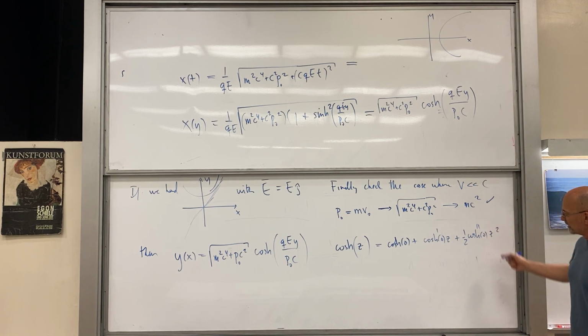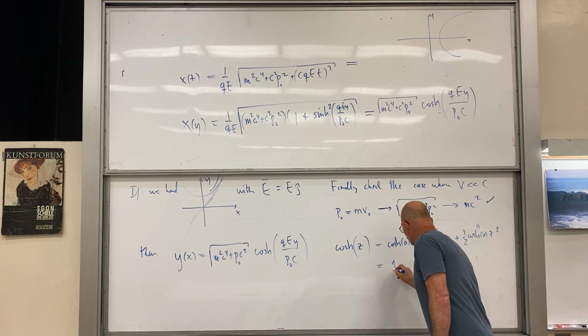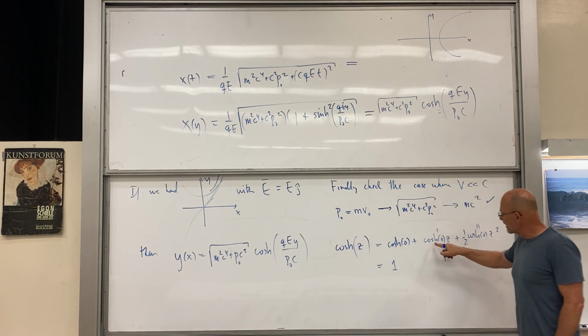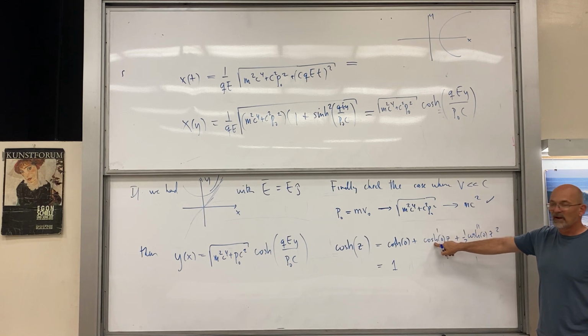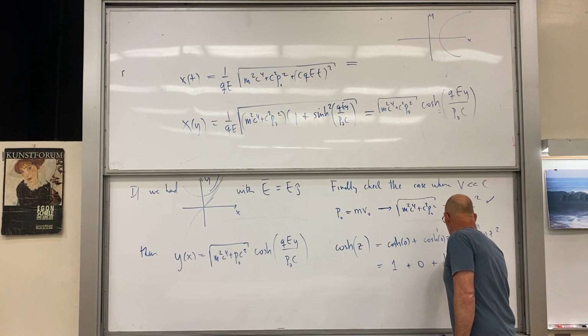So we expanded a Taylor series. That's a 1. The derivative of hyperbolic cosine is hyperbolic sine evaluated at 0, which equals 0. So 1 plus 0 plus 1/2.